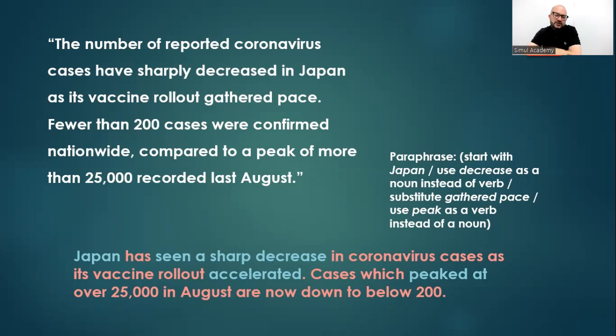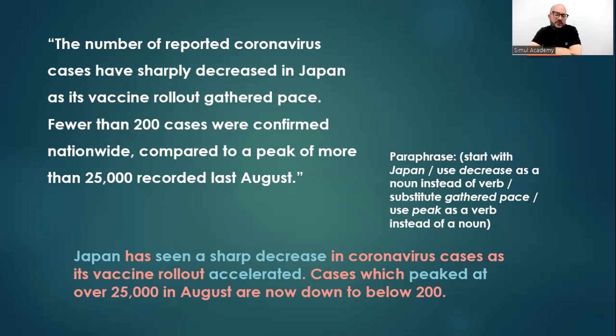So, for example, as you can see, if you change decrease to a noun, you need to think of an appropriate verb which would also fit in to that chunk of language. So here you can see seen a sharp decrease, experienced a sharp decrease, witnessed a sharp decrease. These would all be accepted terms here.